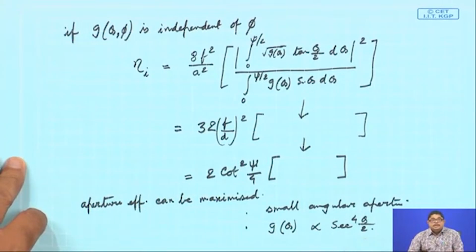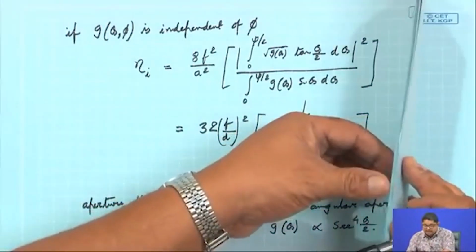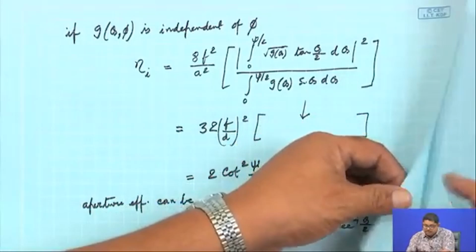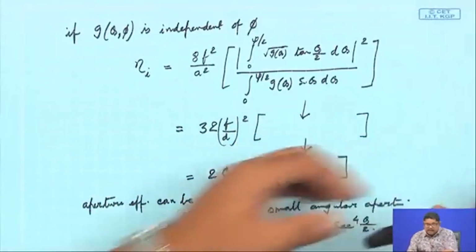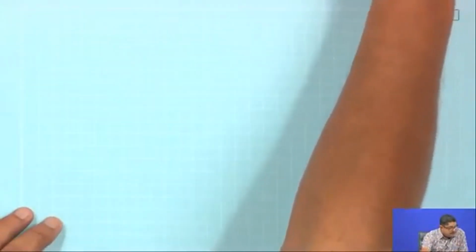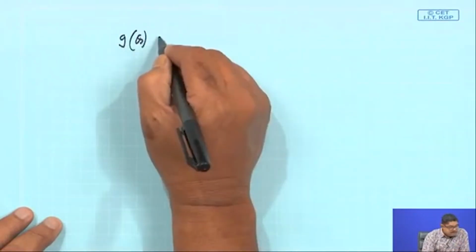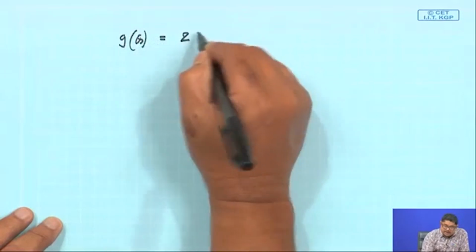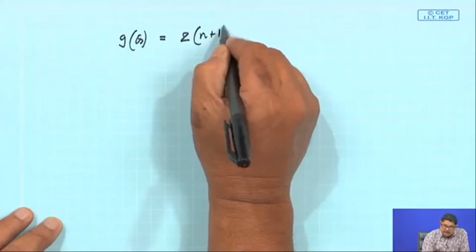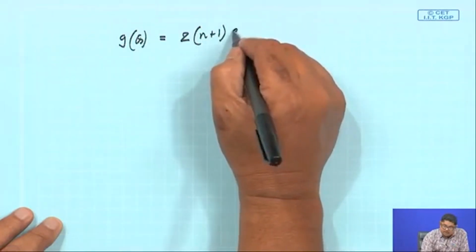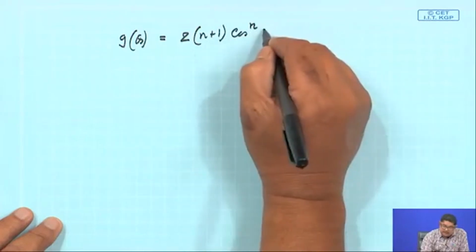So, instead of taking the sec function, people have found that we can have a better function, suppose the feed radiation pattern is something like 2 n plus 1 cos to the power n theta.